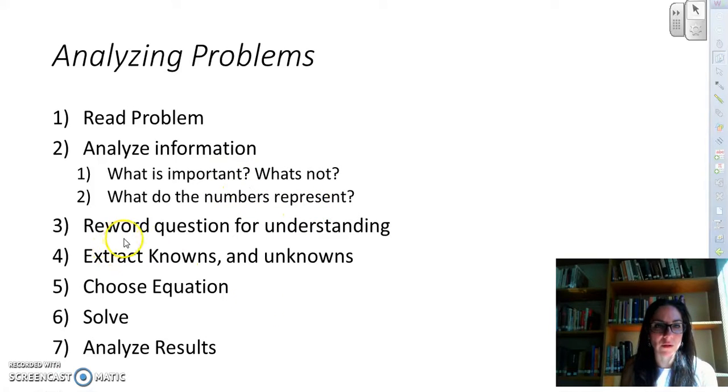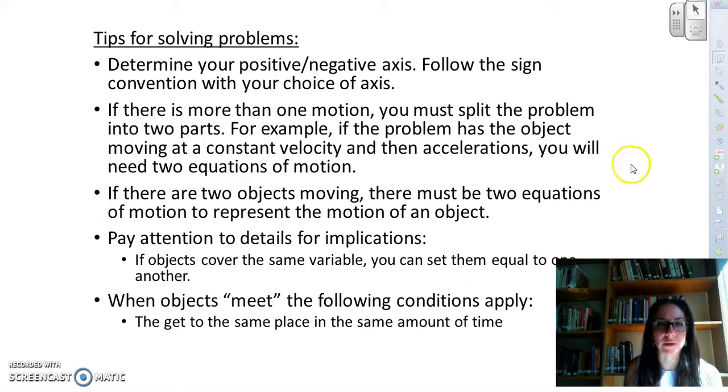Then reword the question for understanding. I like to draw a picture or map it out with something to make sure you understand it. Extract knowns, get the unknowns. That's going to give you a visual of which equation to choose, and then solve. And then, of course, make sure that your answer makes sense. This is basically some other notes you can read on your own.